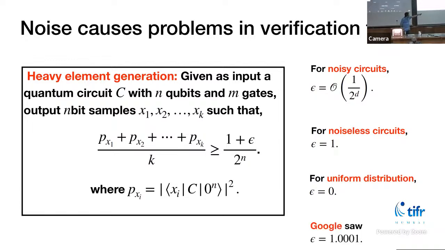And Google saw 0.07, sorry, typo there, and they were happy with it. Why? That's still much more than 2 to the minus d. So in that sense, their quantum signal was non-trivial. That was their justification. So noise causes problems for verification.